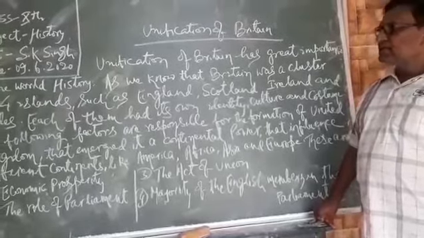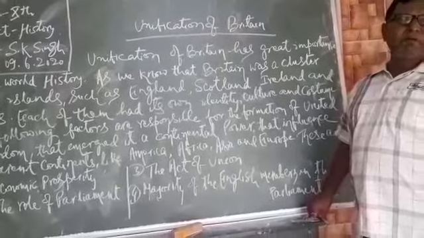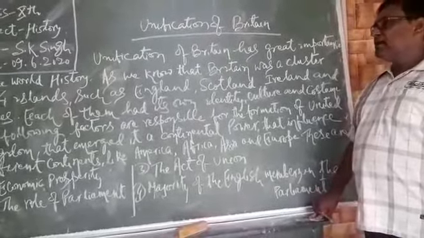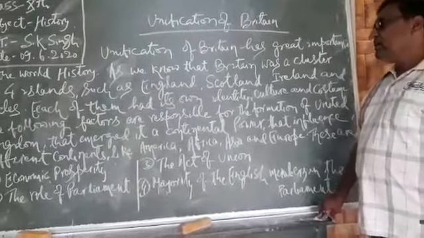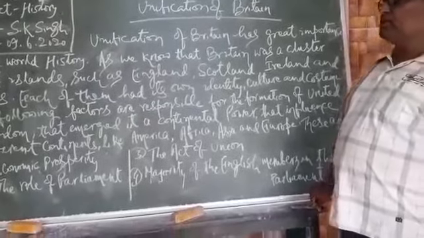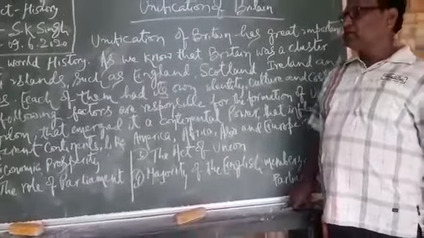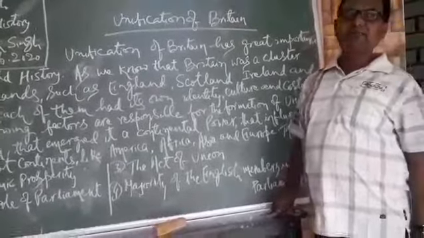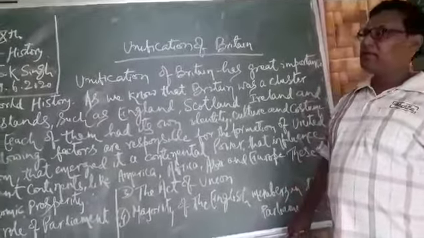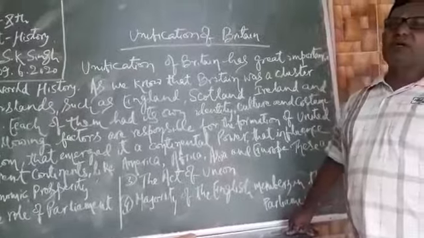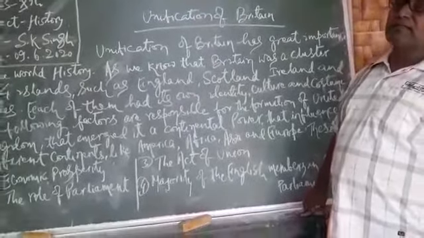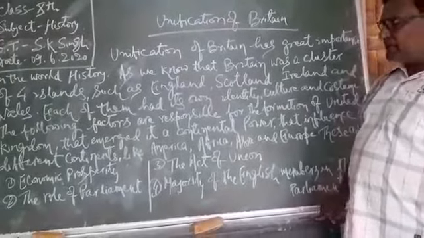So we see that the people were considered the source of power. Earlier the king was the source of power, but now due to the new parliamentary system, people were considered the source of power in the democratic country.